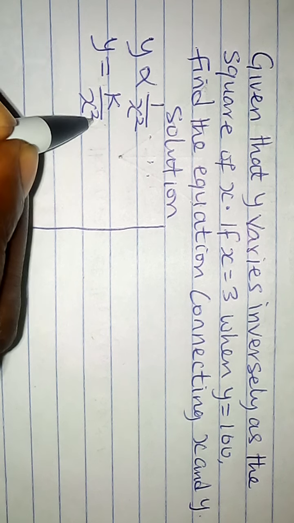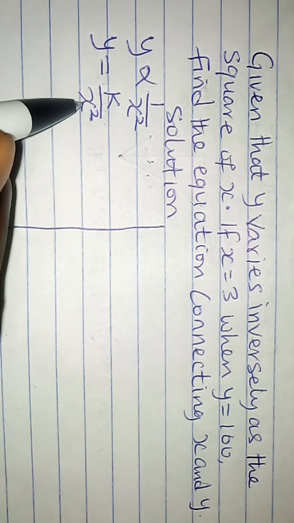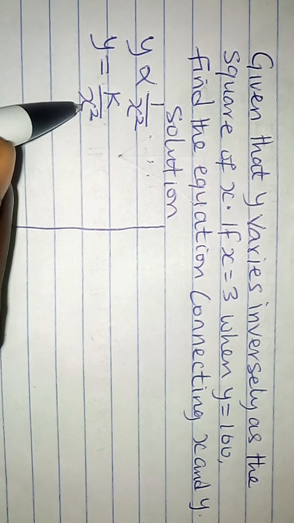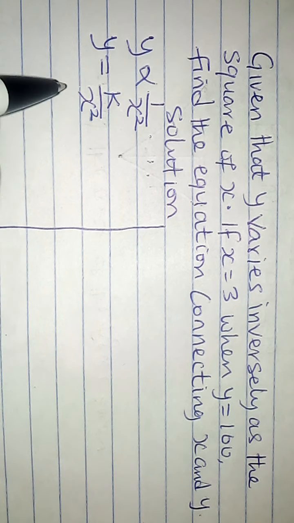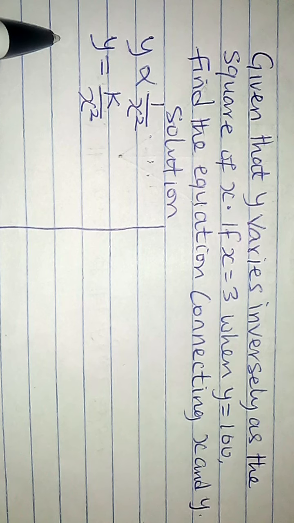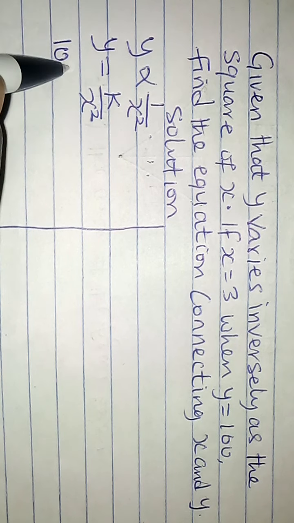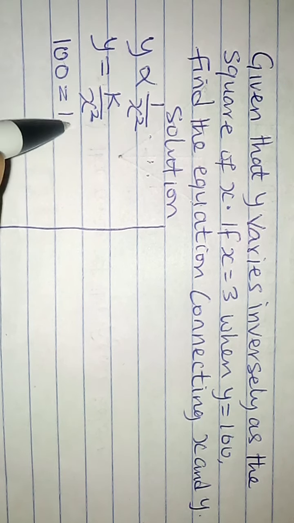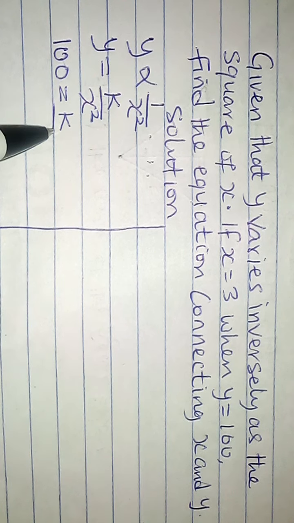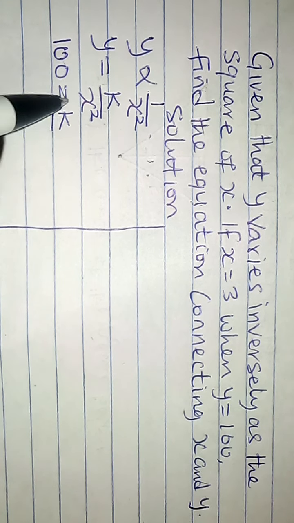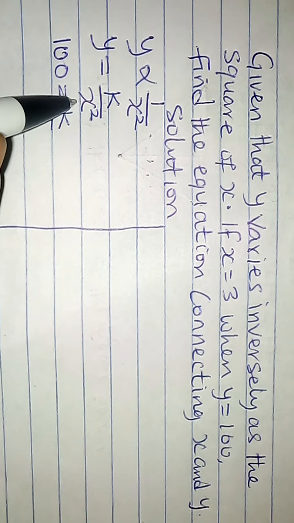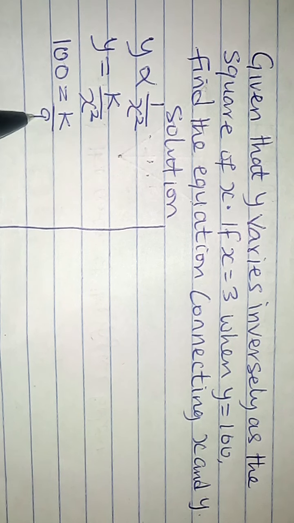Now from the question they say that if x is equal to 3 when y is equal to 100, so in place of y we use 100 equal to k all over x square, where x is equal to 3, so 3 times 3 will give us 9.